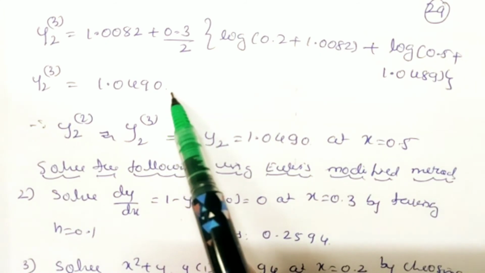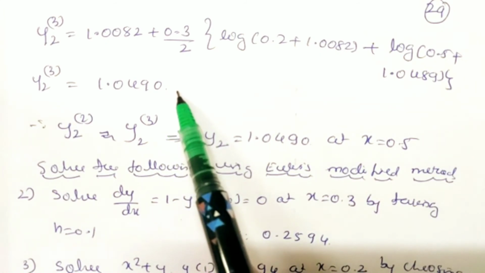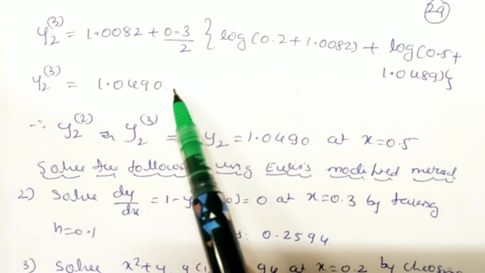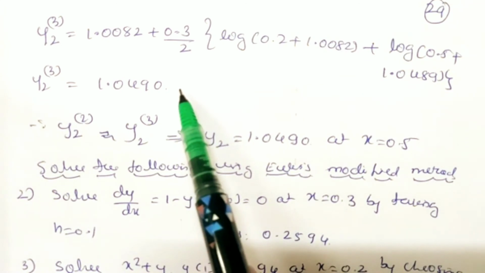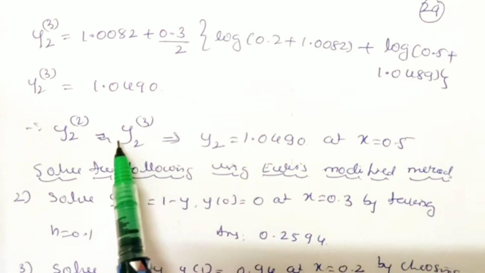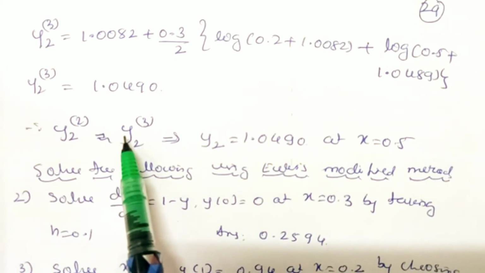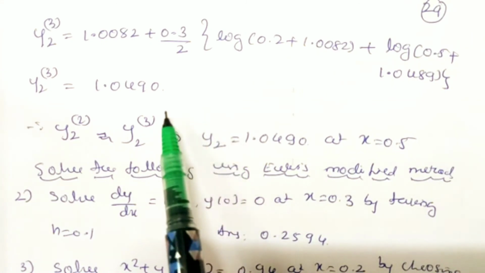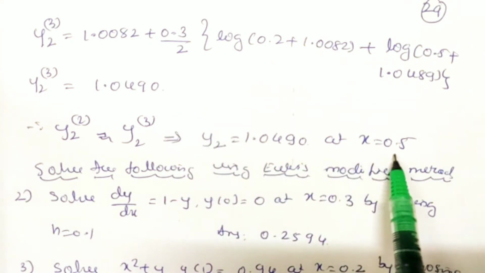So we have seen its previous value, the second improved value, is 1.0489, and this is 1.0490. 1.0489 is the same as 1.049 when we take one digit less in the decimal point. So they are exactly the same. This implies y2 at second iteration is approximately equal to y2 at third improved value. So this implies y2 is 1.0490 at x equals 0.5.